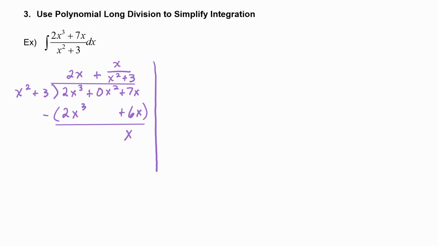So now we can rewrite this original integral into the integral of the quantity 2x plus x over x squared plus 3, close the parentheses, dx.